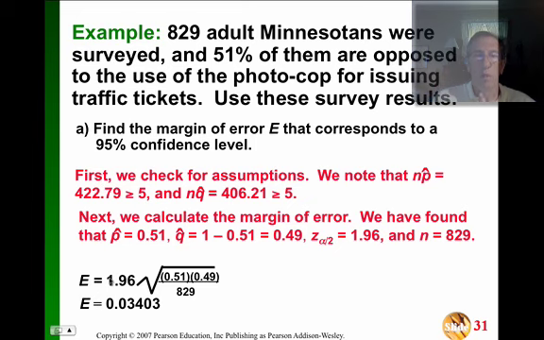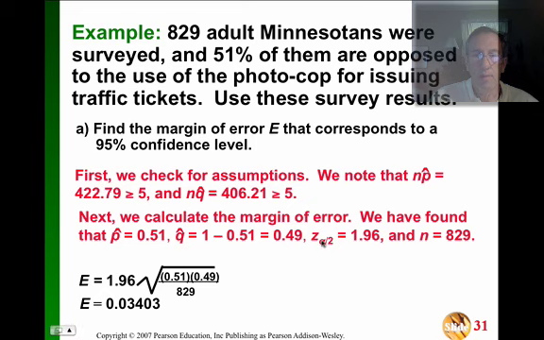Remember when we were looking for a 95% confidence interval, or 95% spread of data, 47.5% in each direction? Well, you'd have to travel out to a z-score of 1.96. It's called Z alpha divided by 2, alpha being 0.05.